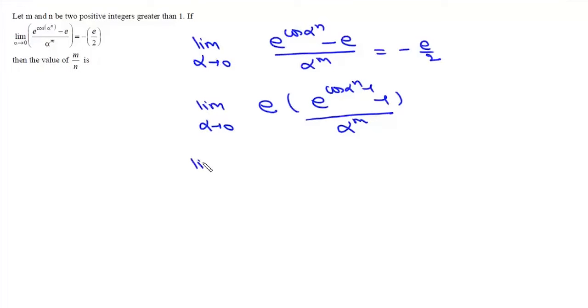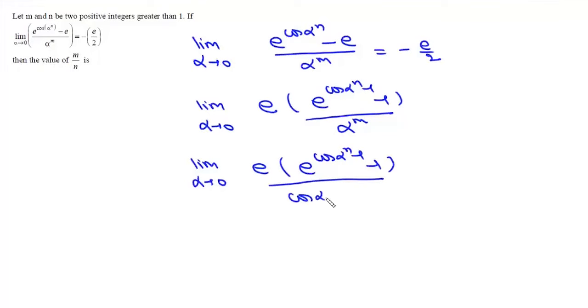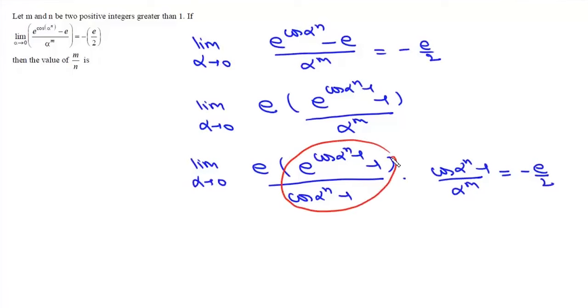So we can write this using standard limits as limit alpha tends to 0 e into, e to the power cos alpha to the power n minus 1, minus 1, upon cos alpha to the power n minus 1, into cos alpha to the power n minus 1 upon alpha to the power m, and this value is equal to minus e by 2. Now this is a standard limit, and the value of this standard limit is 1.